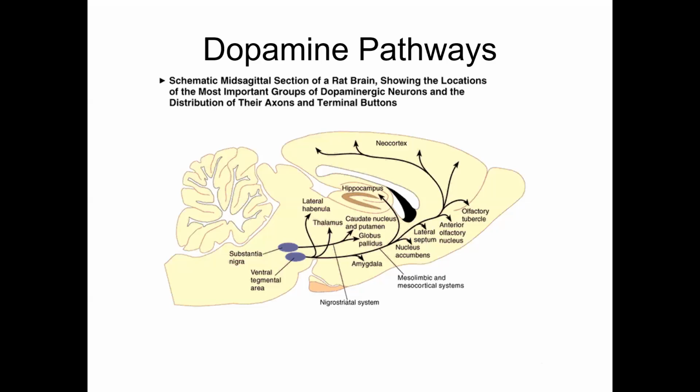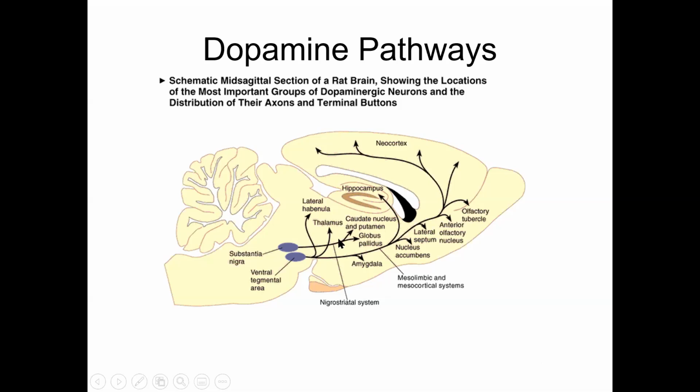Then what we have is the dopaminergic cells, and we've gone through this before. And what we basically see here is the substantia nigra contains two different types of cell groups. One is called the A8 cell group, which is the substantia nigra pars lateralis, and then the A9 cell group, which is the substantia nigra pars compacta.